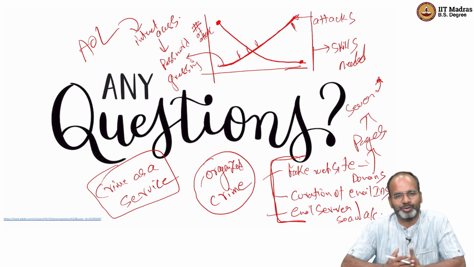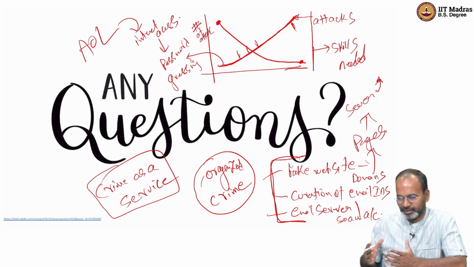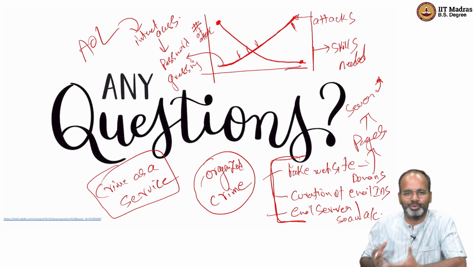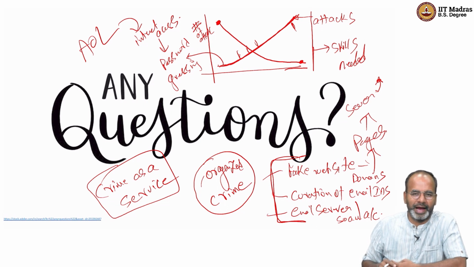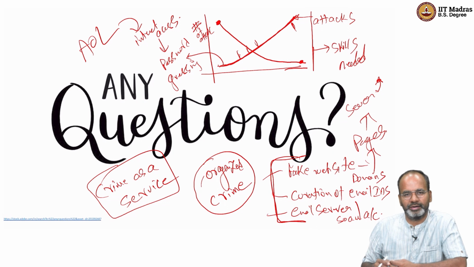So if you think about it, these have been there for a long time. The current scenario that we are in is just making these much easier to do and harder to attribute to who did it. So that's what the problem is right now.